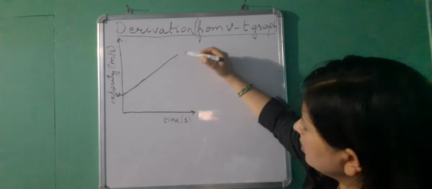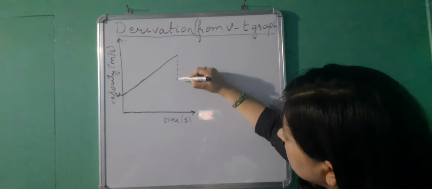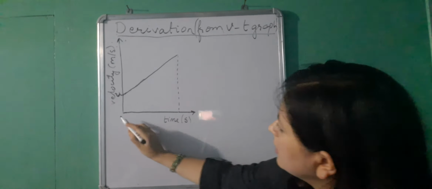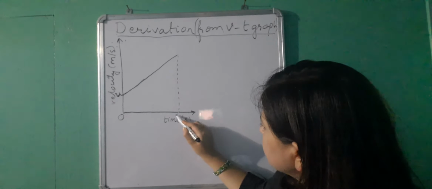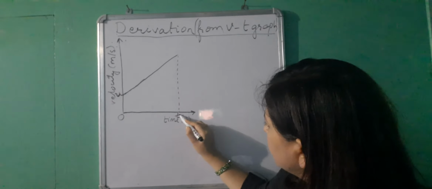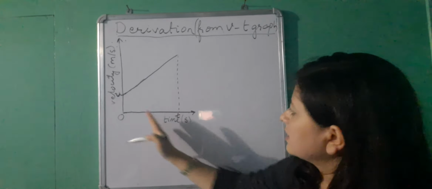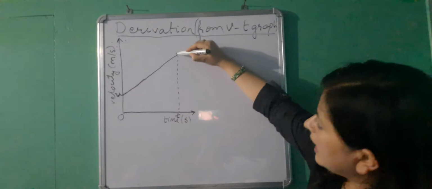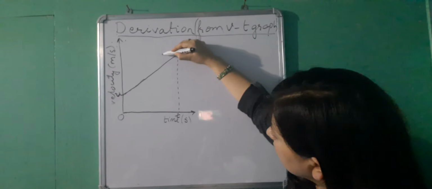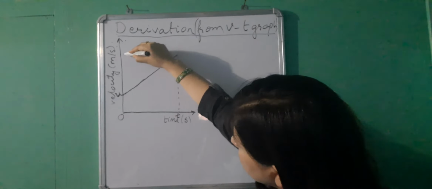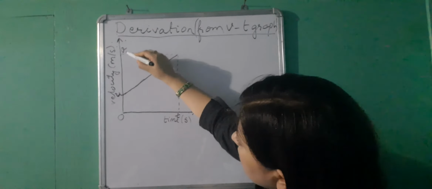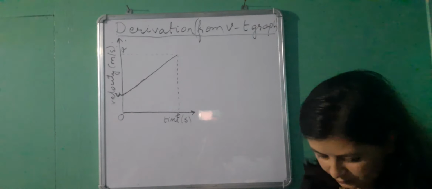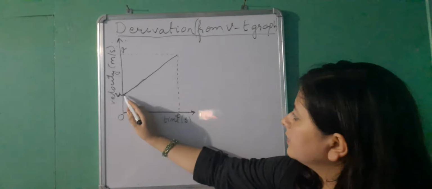Now say initially the time was 0 second and finally the time is t second. So we are going to do the calculation after time t second, and after t second the velocity acquired by the body, let it be v. So here the velocity is u and final velocity is equal to v.